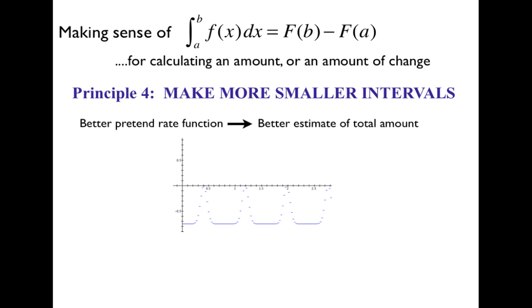A better pretend rate function will mean a better estimate of the total amount, because that pretend rate function is mimicking or simulating the rate function better. So better rate function, better estimate of total amount.